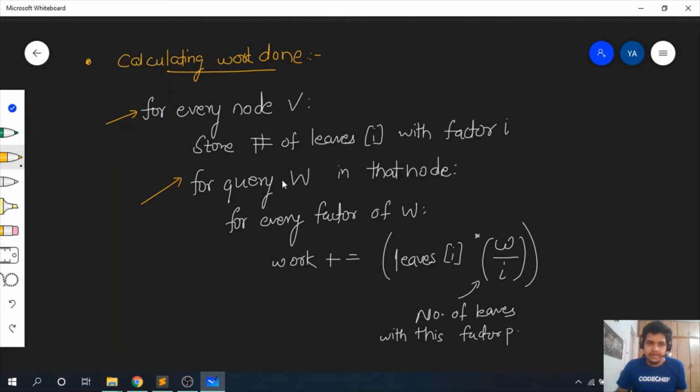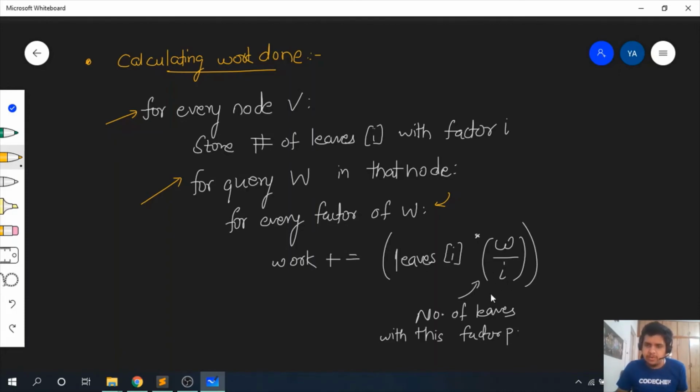So for query W in that node, for every factor of W, we will have to do prime factorization, and I will tell you how to do that efficiently. It is a very well-known method. Then for every factor I of W, we add to the total work leaves[I] times W upon I.